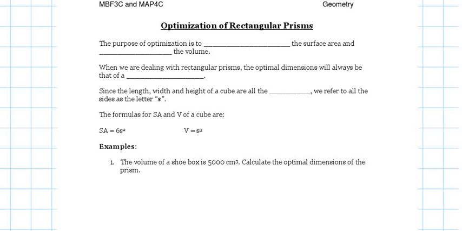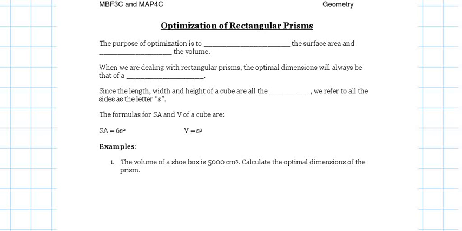We figured that the square is always going to give you the maximum area, given a perimeter. The square is your optimal shape for rectangular shapes. And if it becomes 3D, it becomes a cube. A cube would give you your optimal shape.